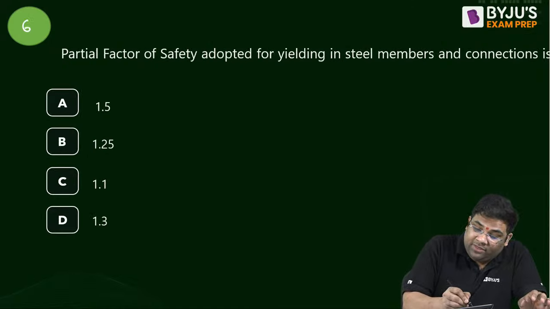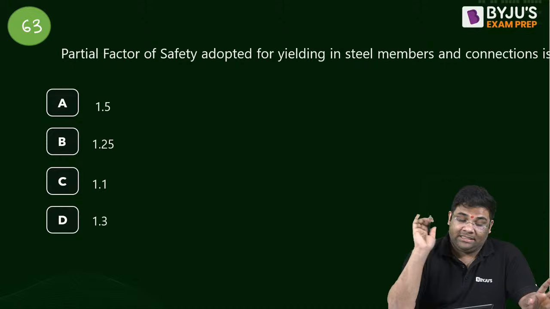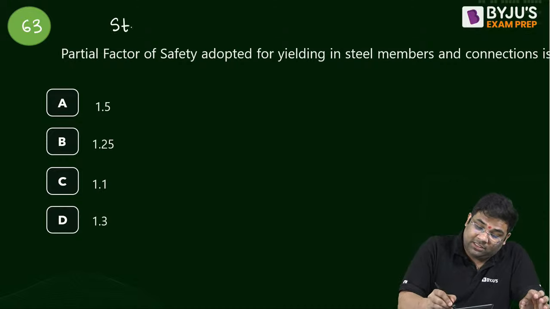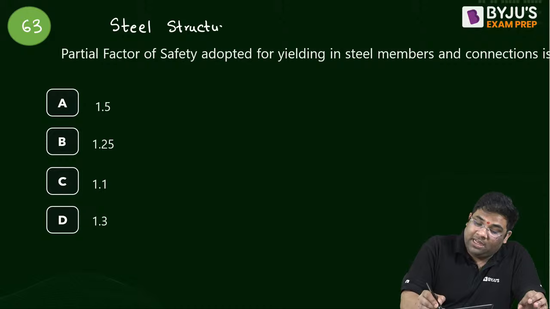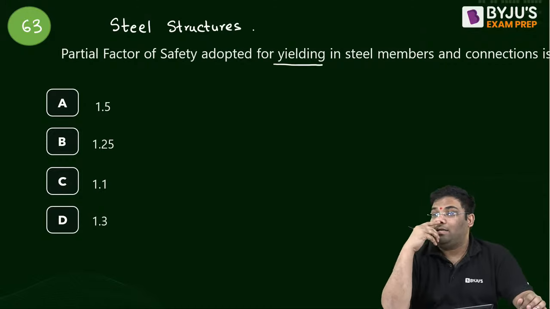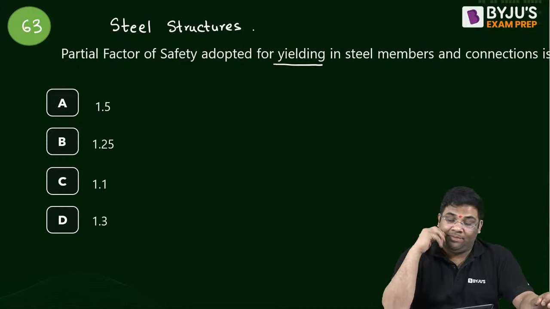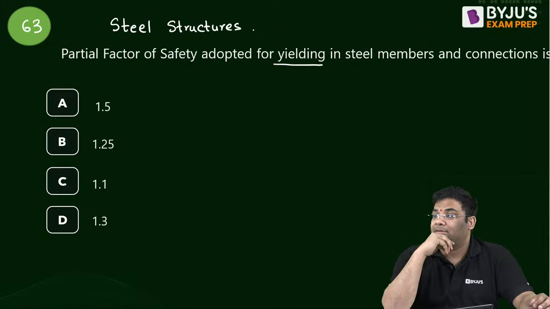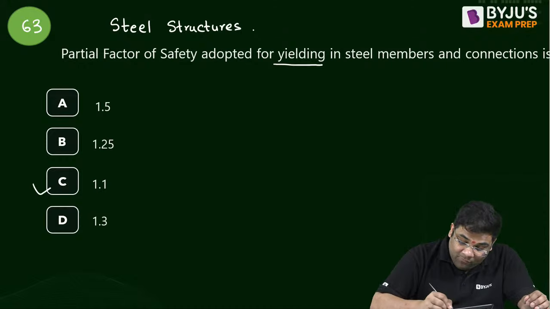Next is 63. Straightforward question from steel structure. Partial factor of safety adopted for yielding in steel members is what? For yielding in steel members, the answer is 1.1.